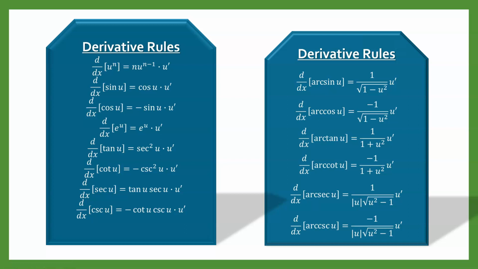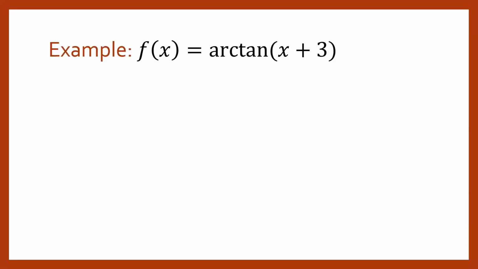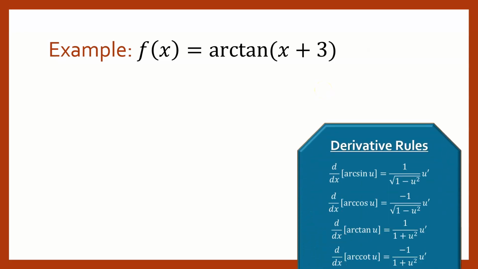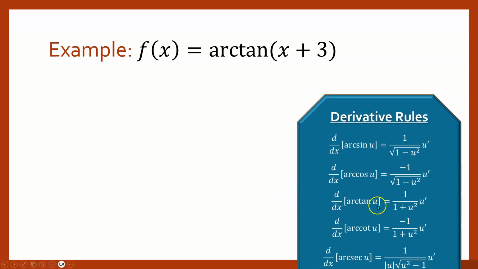So now let's practice some differentiation now that we have these new derivative rules to play with. What if the function that we want the derivative of is the arctangent of not just x, but x plus 3? After all, the derivative of arctangent of something is 1 over u squared plus 1, or 1 plus u squared, times the derivative of u.